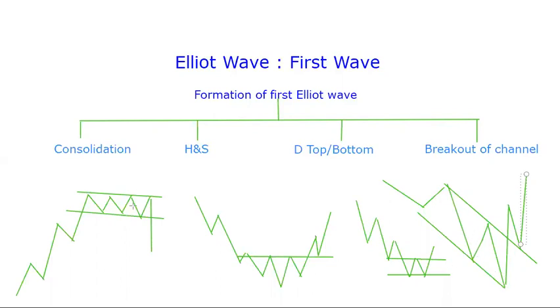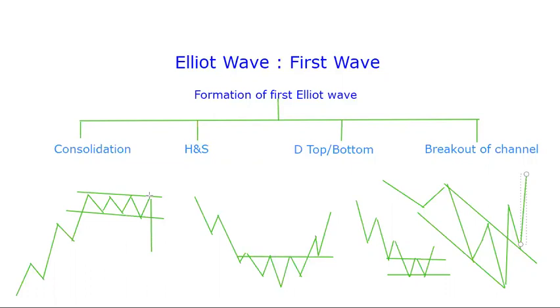The first wave in a consolidation zone can be counted because it is coming directly from the consolidation zone. This one is like a horizontal channel, and there has been strong accumulation or distribution going on based on the inclining or declining channel, and this one is the first wave. A first wave is an impulsive wave. That means there was strong buying or strong selling activity at the first leg of the movement of the market.